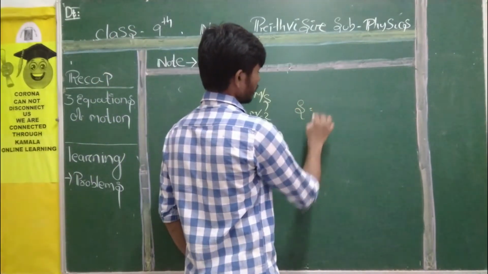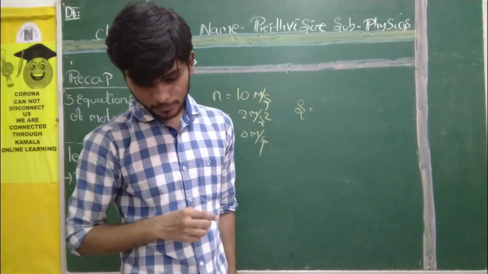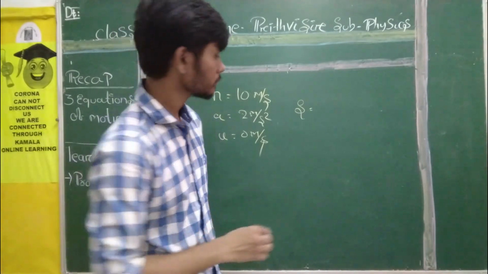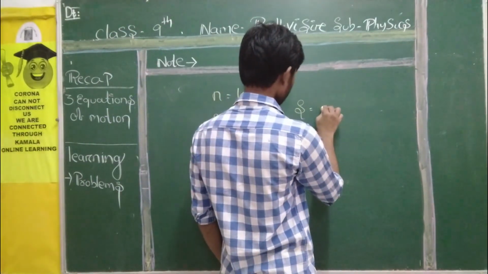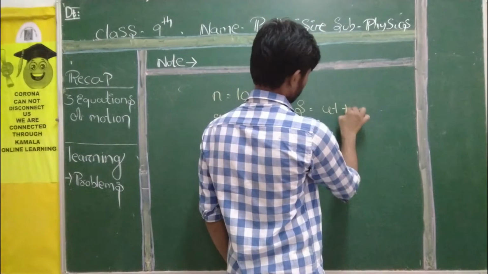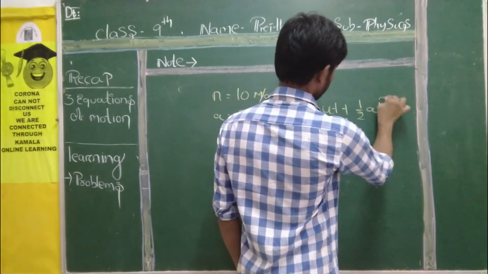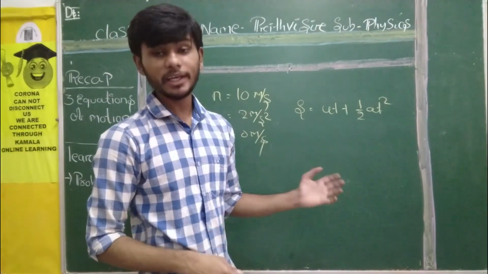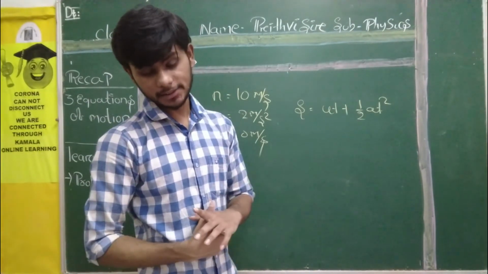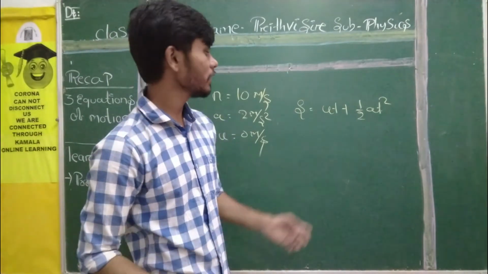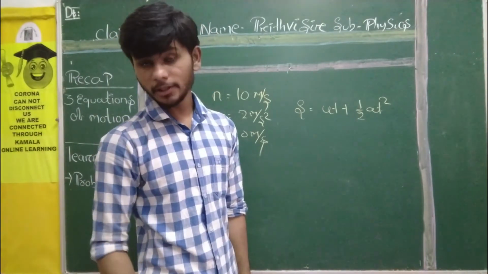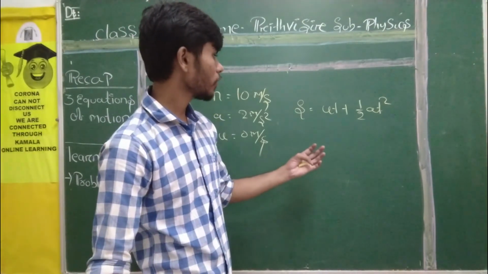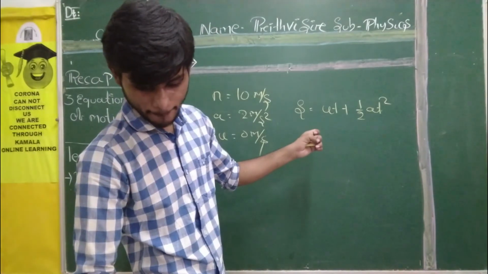And we all know s is equal to ut plus half at square, this should be the formula, right? But here we don't have t, we have n. 10th second he is asking, so it's already given. u is already 0, so we cannot take that. So we will do something else.